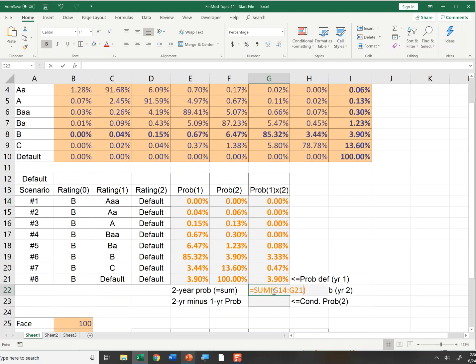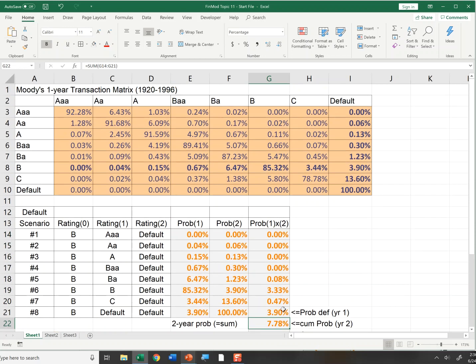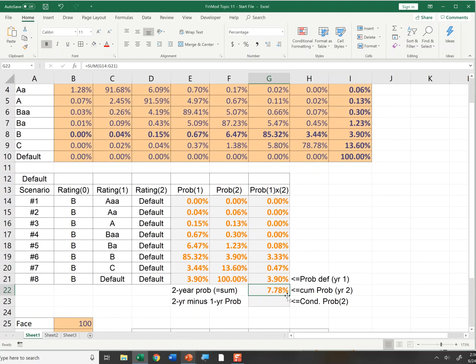If I sum up all those probabilities, there's a 7.78% chance this B-rated bond will default in 2 years. If I take the 7.78 and subtract the 3.9%, there's a 3.88% chance that this B-rated bond defaults in the second year. So this is a conditional probability.